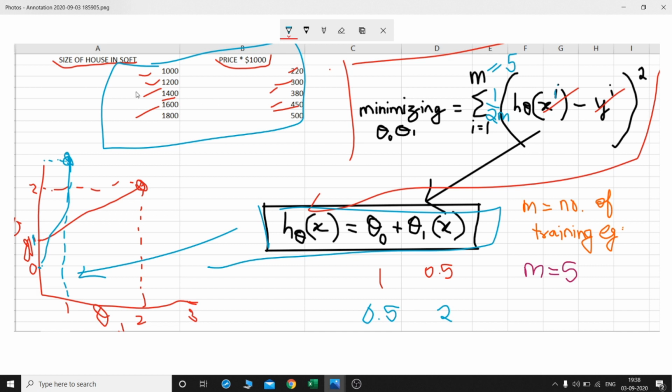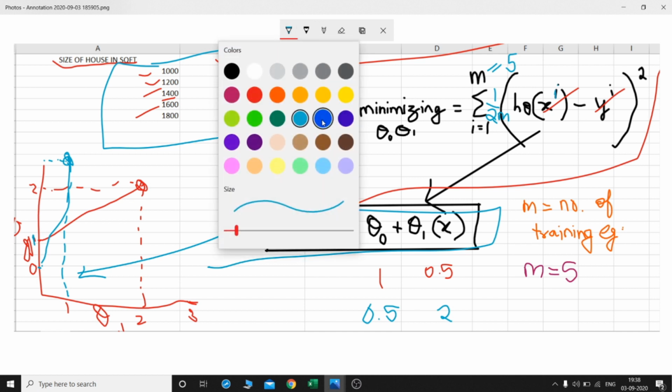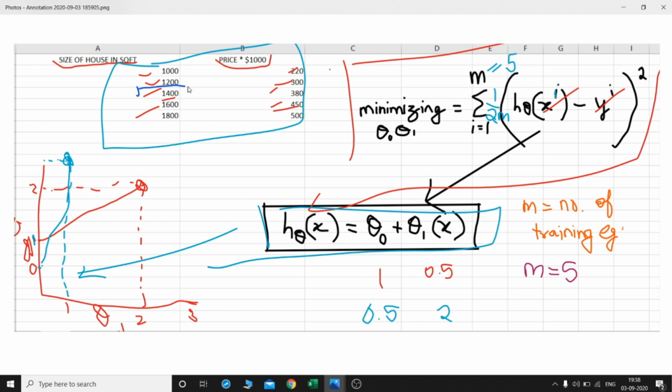So let's say this data set, 1400 and then 380, this data set is i equal to 3 because it is the third data set. So you'll be using h theta of x subscript i, which is basically x to the power of 3 here.